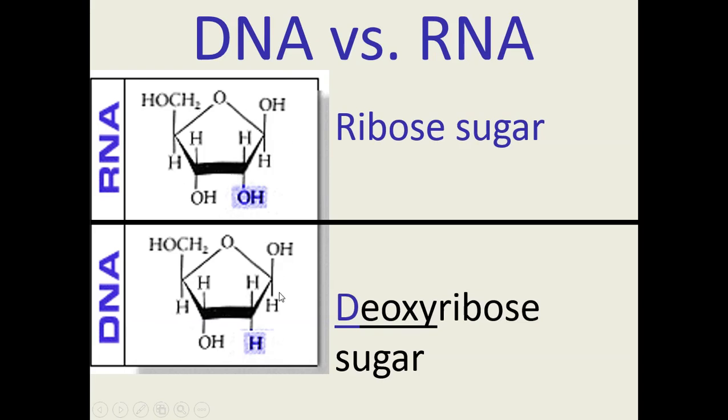This is the sugar group for DNA: deoxyribose sugar, ribose sugar. So this is my RNA. This is my DNA. They're the same. Really, the only difference here is this has an oxygen and a hydrogen on this spot on the carbon ring. This one has only a hydrogen where that one had. That's the only difference, right? But because of that difference, they have different names and a little bit different properties.